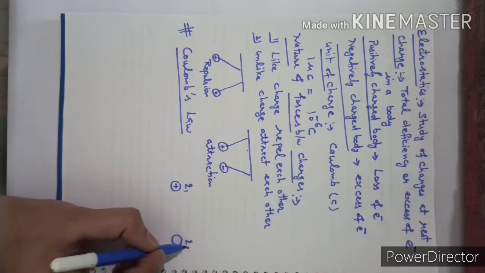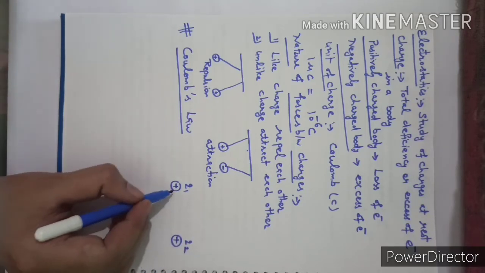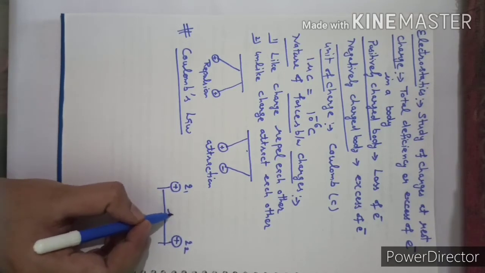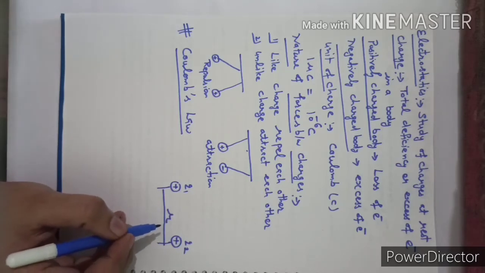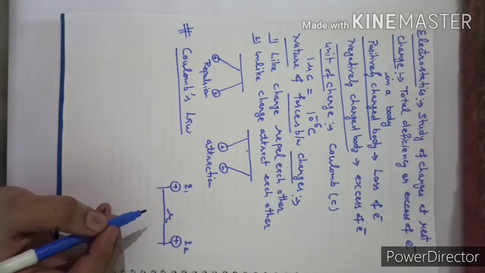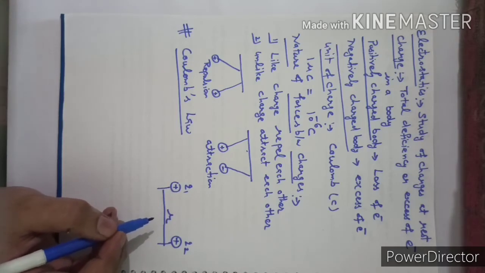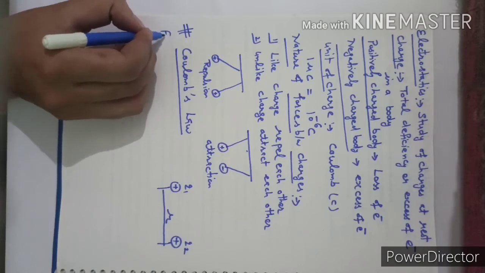This is Q2 charge, this charge is positive. So these charges are separated by distance r. R is the distance between these two charges. According to this law, there is a force of attraction or repulsion between two charges.